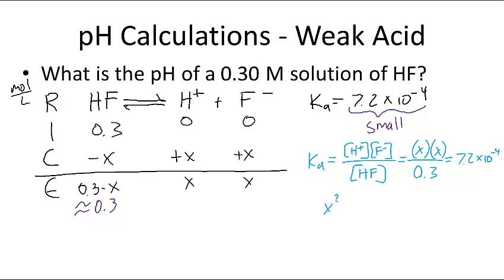So X squared is going to equal something like 2.2 times 10 to the negative fourth. And then X is going to be the square root of that. Square root of 2.2 is about 1.5. So this is going to be about 1.5 times 10 to the negative 2.